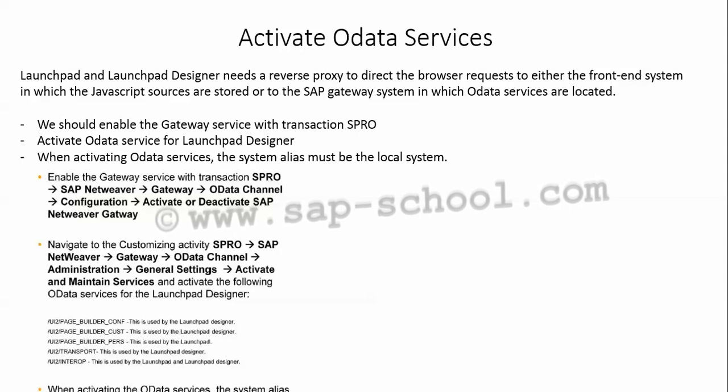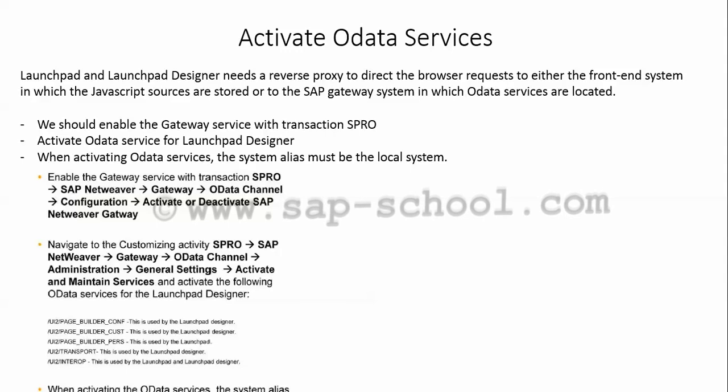So let's log back in to the system. In this system, we have to again go back to the SPRO transaction. Now we have to go to the SAP Reference IMG, then SAP NetWeaver, then Gateway, OData Channel.